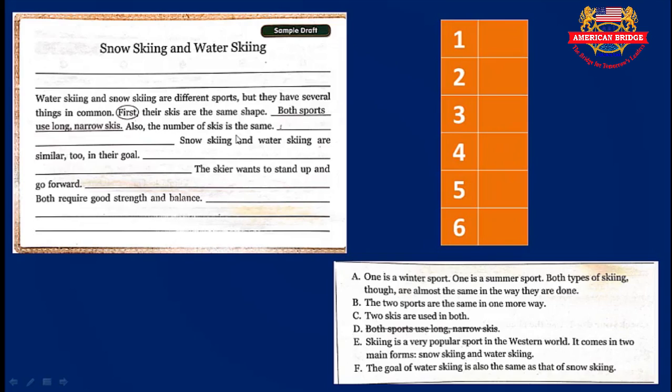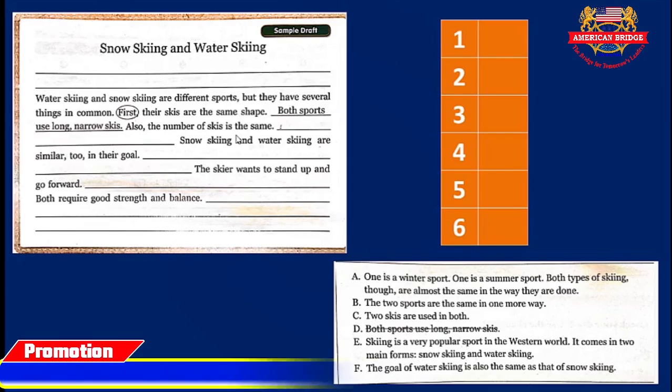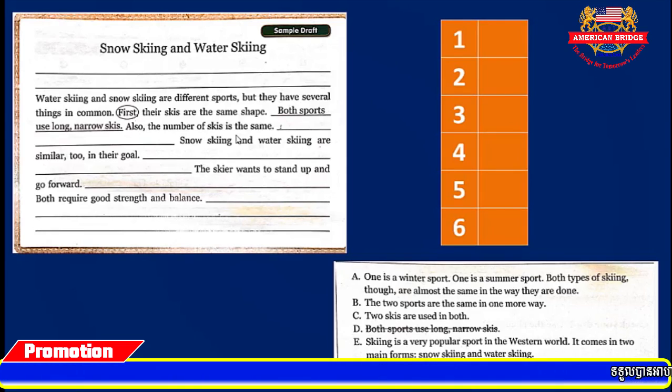We have A to E here, and letter D is already completed. We have A, one is a winter sport, one is a summer sport. Both types of skiing are almost the same in the way they are done.